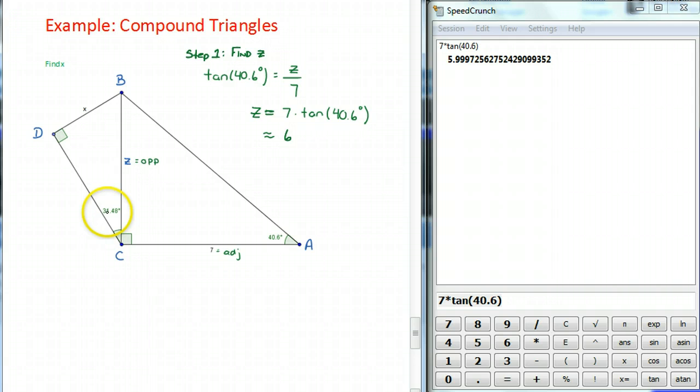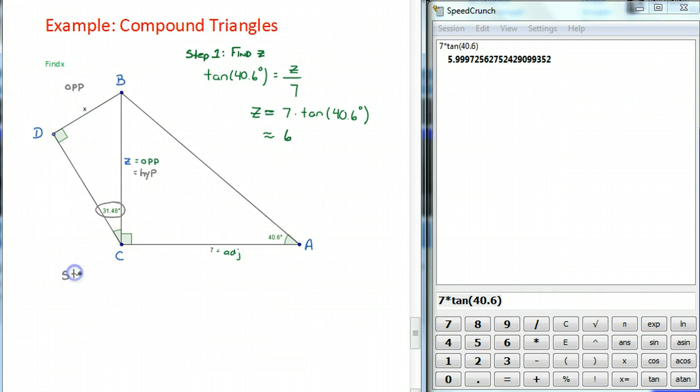Okay, so now that I know two pieces of information about triangle BCD, I can find x. Relative to angle C, x is going to be the opposite, and Z is going to be the hypotenuse. So notice how relative to angle A, Z is the opposite, but relative to this angle BCD, Z is the hypotenuse. So if I have the opposite and hypotenuse, I want to think of sine.